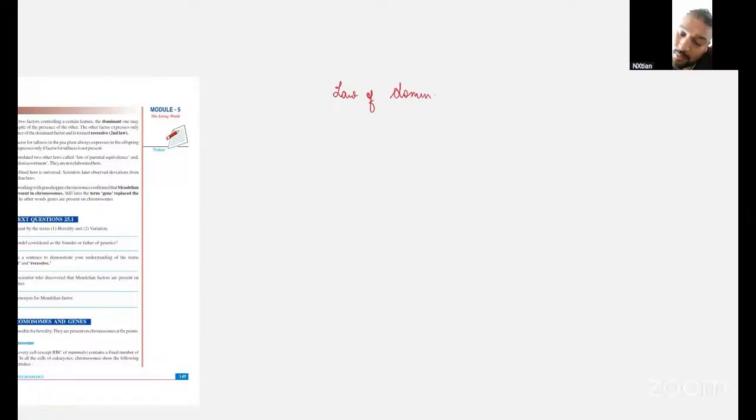Law of dominance, which says that the dominant allele shows the expression in heterozygous condition.